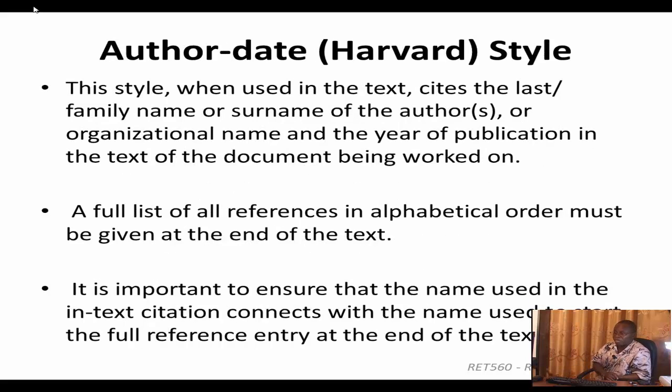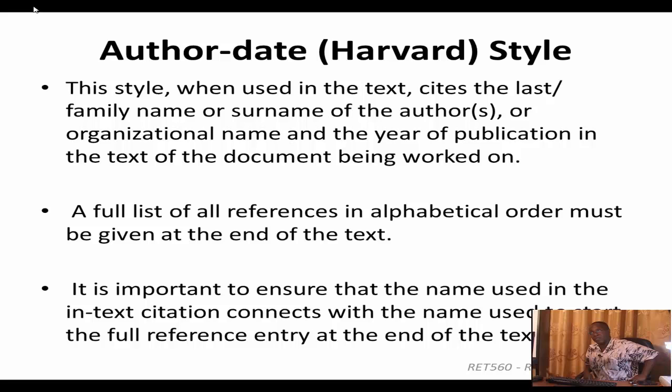Now, the author-date style. Here, this style, when used in the text, cites the last family name or surname of the authors or organizational name and the year of publication in the text of the document being worked on. Okay? A full list of all references in alphabetical order must be given at the end of the text. It is important to ensure that the name used in the in-text citation connects with the same name used to start the full reference entry at the end of the text.